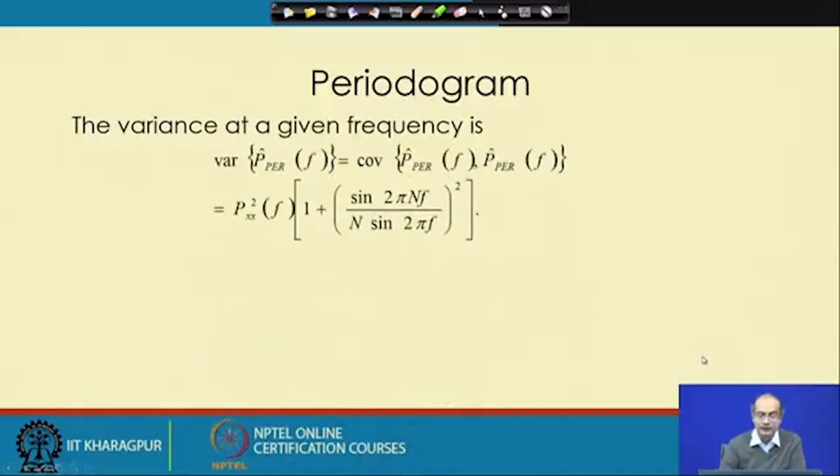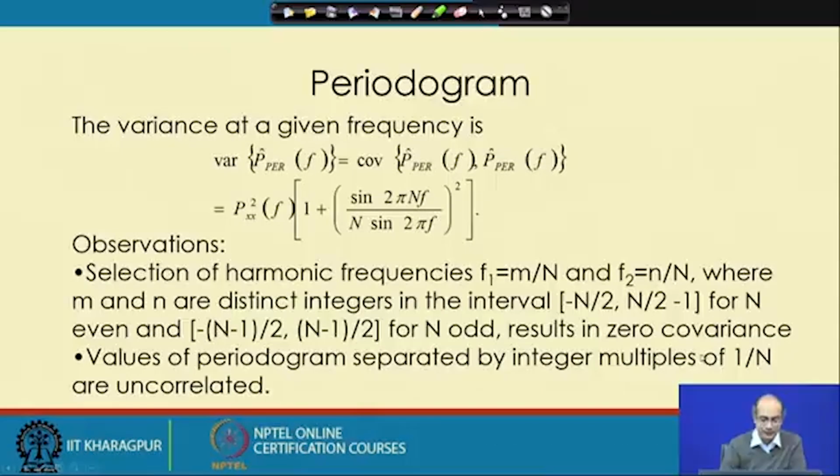Now, variance at a given frequency, we know the expression. Now, we look at why such fluctuations are happening.